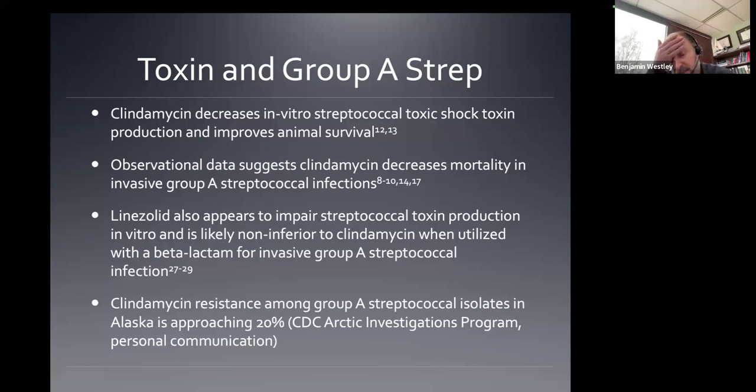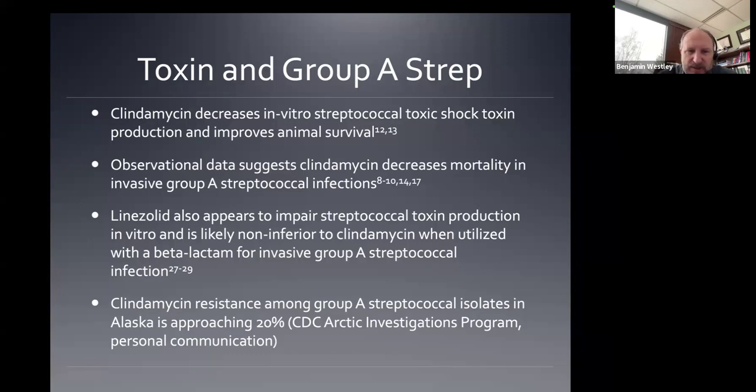And this is good for a couple of reasons. Clindamycin certainly causes Clostridium difficile in some cases, and that's a drug we're trying to avoid using when we can. And in Alaska, group A streptococcal resistance is about 20%. So only about 80% of group A streptococcus is actually susceptible to that drug.